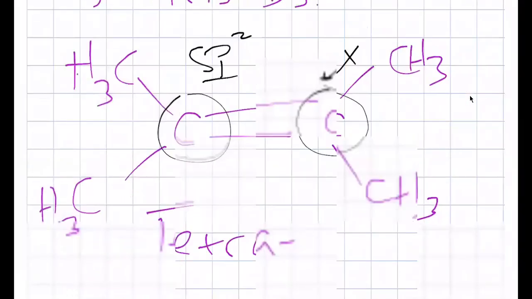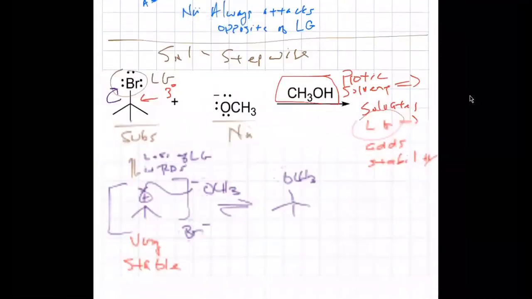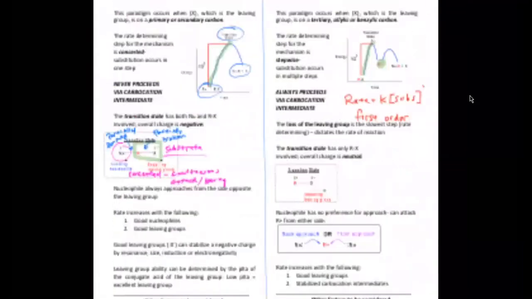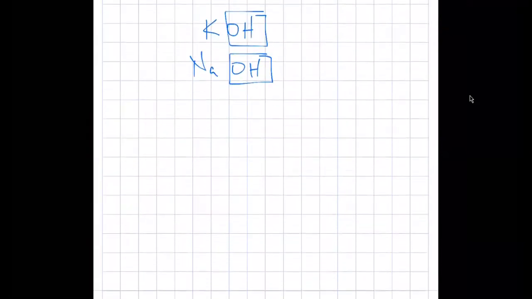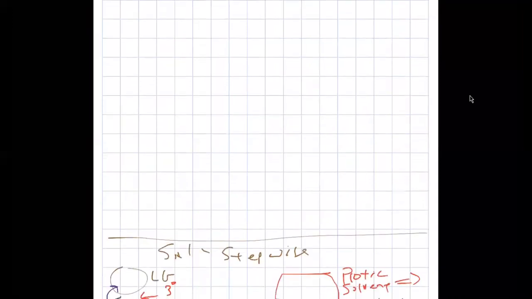So what are you thinking about the E1 automatically? What do you think that one means? Unimolecular, right? And the fact that it's unimolecular gives you a clue about the mechanism, and it gives you a clue about the rate law immediately, right?